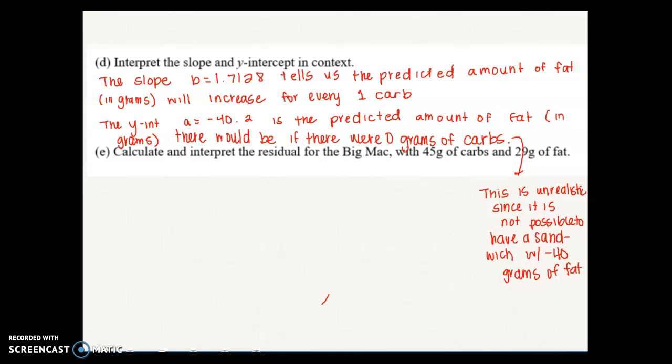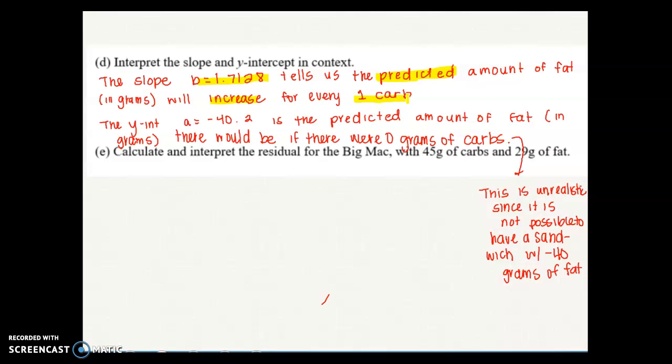Your answer doesn't have to be exactly like this, but it does need to include a couple of things. So it needs to include the slope, so mention the slope. It has to have this word predicted. We don't know the exact amount we are predicting, and we need to tell us that it's going to increase for every 1 carb. And our slope, it's positive, so we're rising 1.71, running 1.